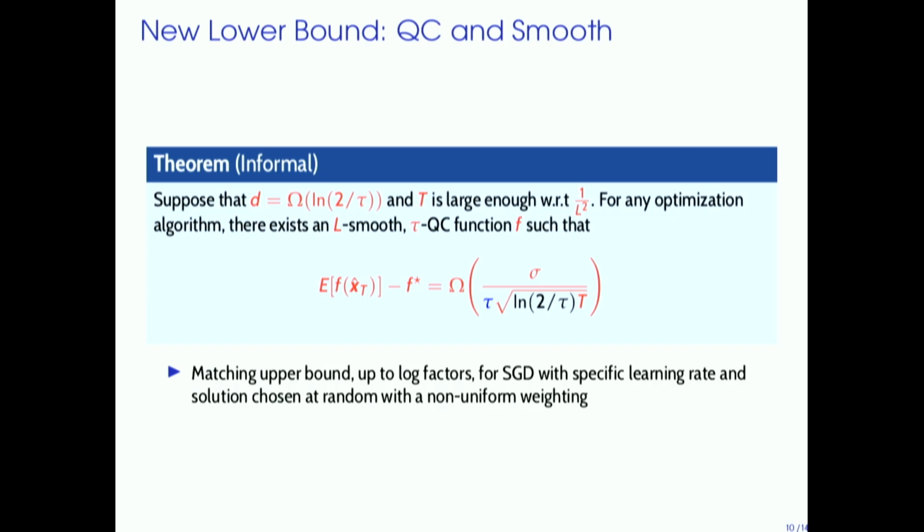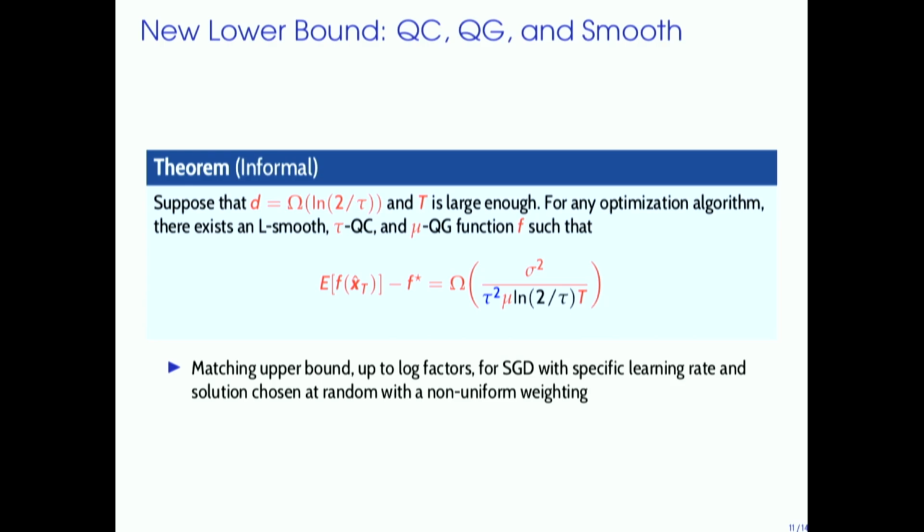So to summarize, these are the lower bounds. So for quasar functions, we have this lower bound that matches almost an upper bound up to a logarithmic factor that exists in literature. This is the lower bound for the quasi-convex plus quadratic growth. So we can see that we have here fast rates.